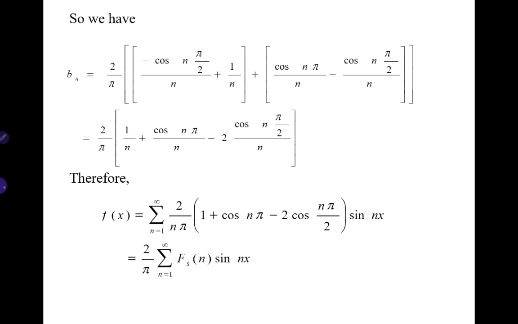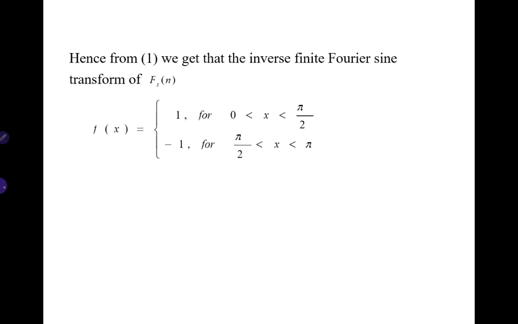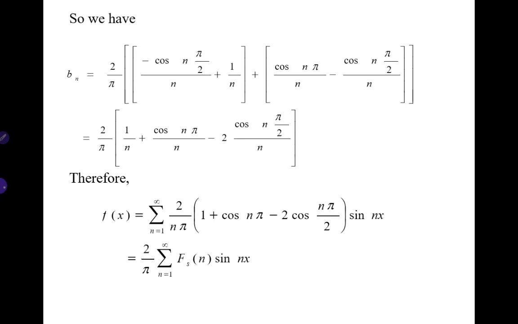If we take out 2/π, we get 2/π times sigma n = 1 to infinity, and we know that (1/n)(1 + cos(nπ) minus 2 cos(nπ/2)) is given as Fs(n) into sin(nx). Therefore, we obtained f(x) = (2/π) times sigma n = 1 to infinity Fs(n) sin(nx).